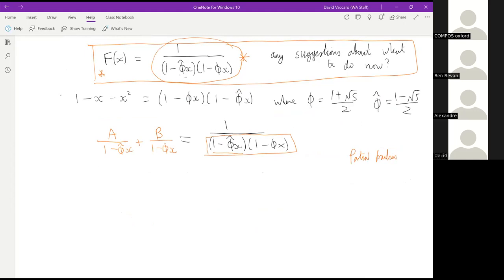Okay, so let's make a common denominator. So we get 1 minus phi hat x, 1 minus phi x.